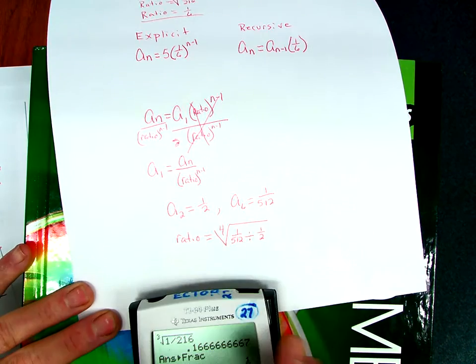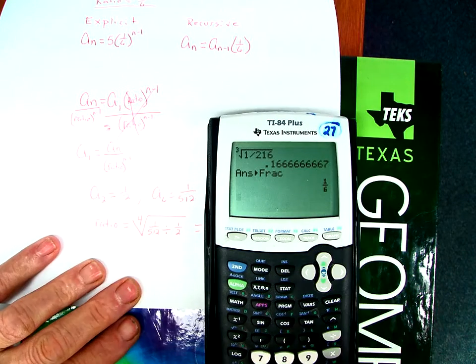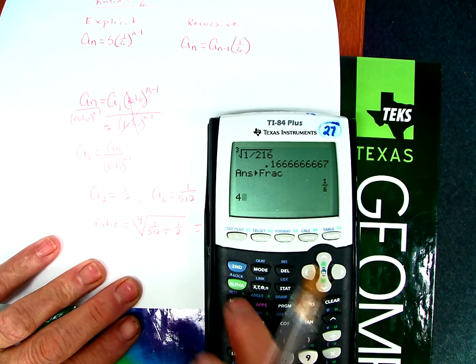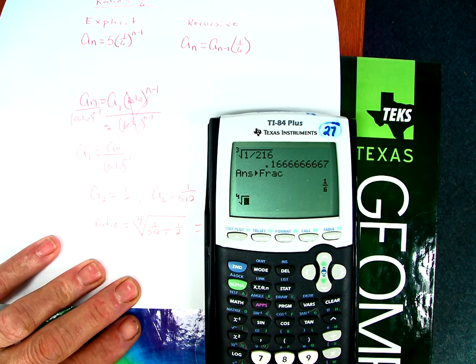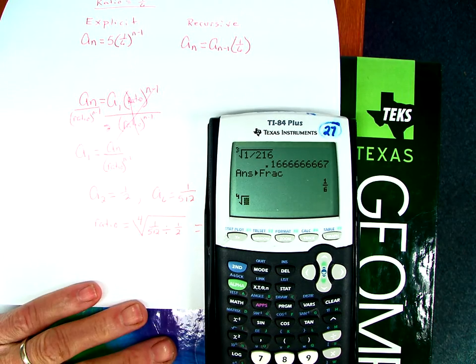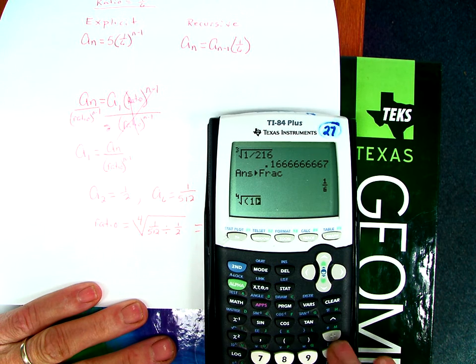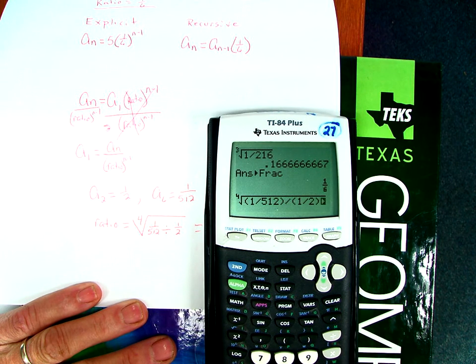Let's just do the whole thing in the calculator with it looking like this. The power of my root is 4. So I'm going to type in 4 first, then math, then number 5. I've got a fraction divided by another fraction all underneath the radical, so I'm going to use parentheses. Parenthesis 1 divided by 512, close parenthesis, divided by, and then parentheses again, 1 divided by 2, close parenthesis.